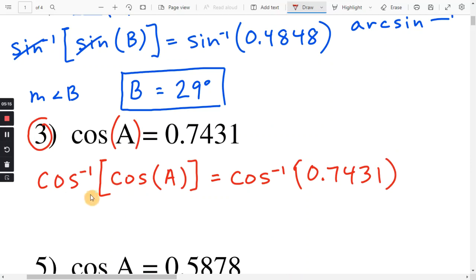On the left-hand side, the cosines drop out, and to solve for angle A, we just enter this in the calculator.